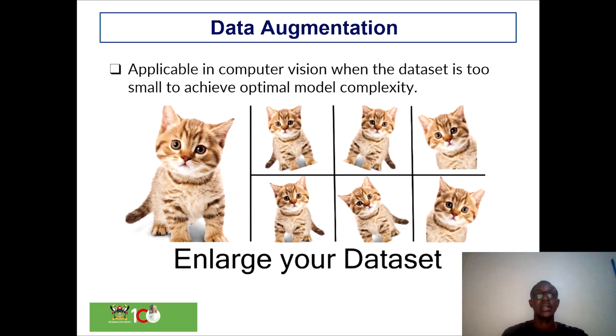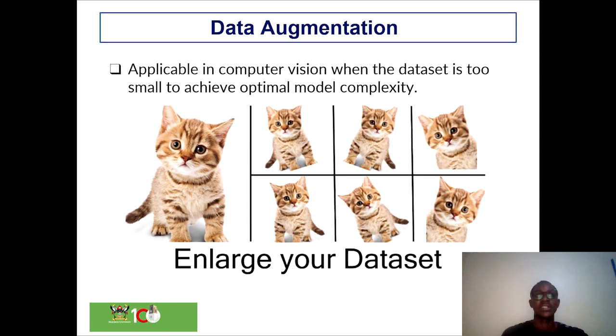And then lastly, we have data augmentation. So this is a method to essentially enlarge your data set, and it can help you in scenarios where you have a relatively small data set, especially for computer vision applications.